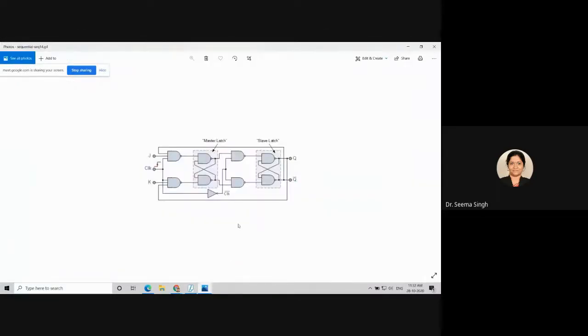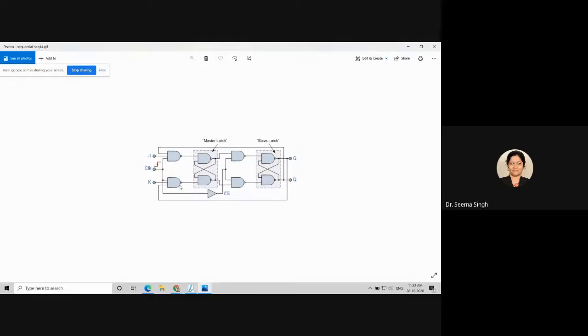I will show you one more method of master slave JK flip flop. One option is you make the feedback from Q and Q bar like this, the way it is shown. This is possible only if you are making a circuit using NAND gates.